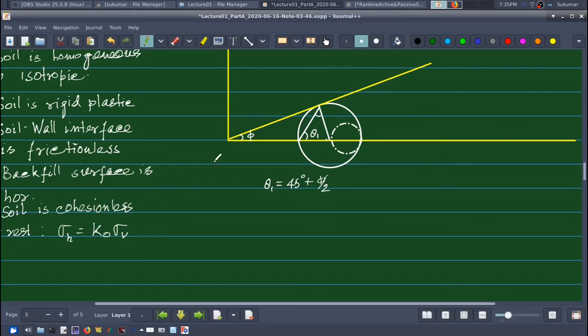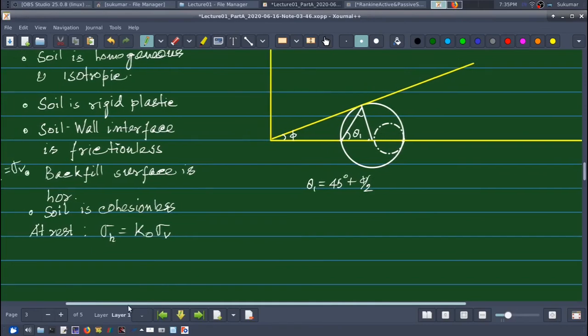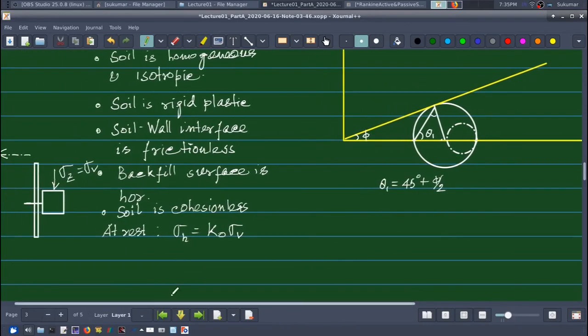That means in the active condition, when this occurs, what has happened? My soil is at the verge of failure, and therefore my failure planes will be developed at an angle of 45 plus phi by 2 with the horizontal direction, okay, and that is my active condition.